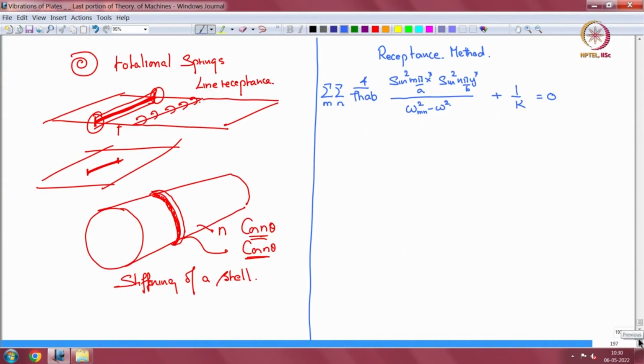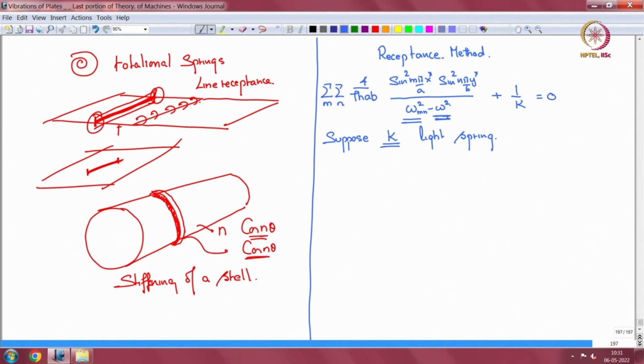Now we have seen the details of this in one of the earlier classes. What I just want to mention is, suppose k is a small quantity, a light spring. Then chances are that each of these new resonances are slight perturbations over this.